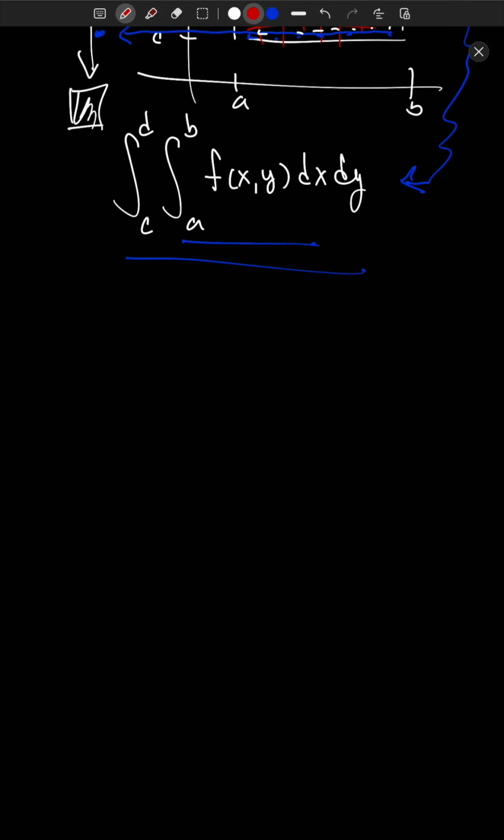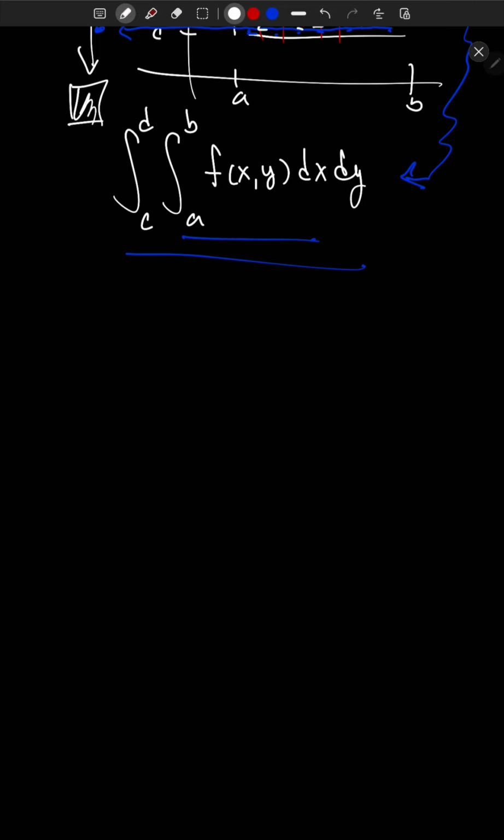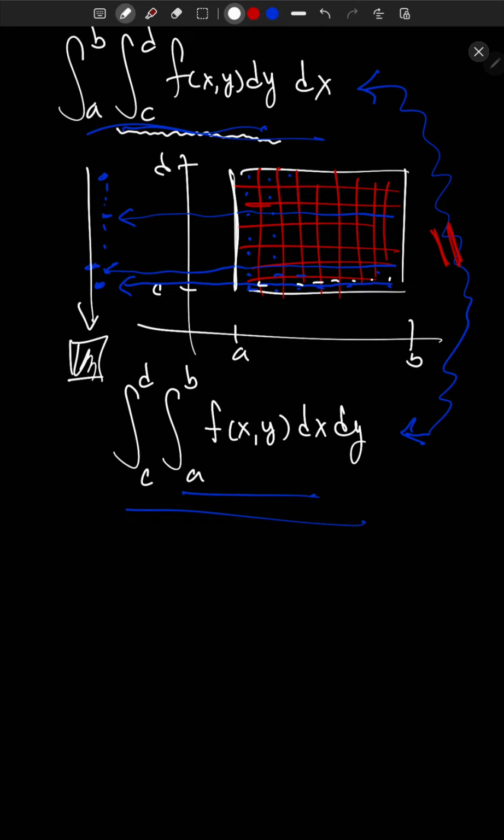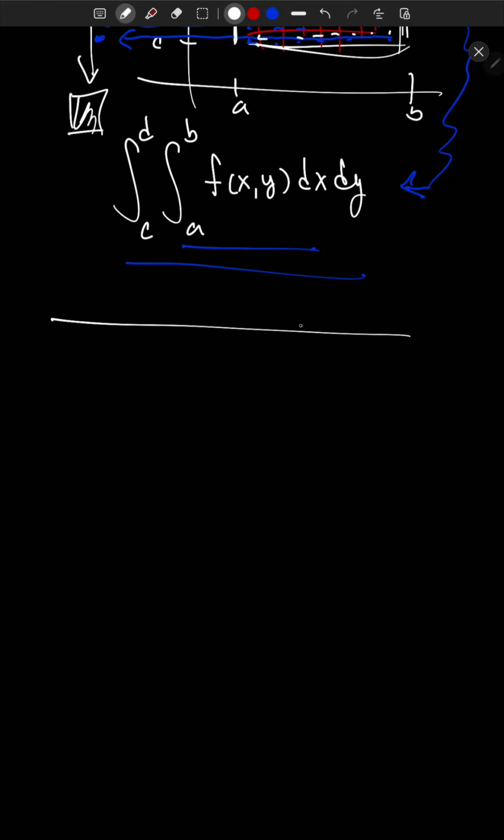Okay, so let me do an example. So luckily for us, we're only doing rectangular regions today in 16.1. So this is actually super, integration looks amazingly simple. Okay, so let's take a look at f of x comma y equals x y squared, just a random function.